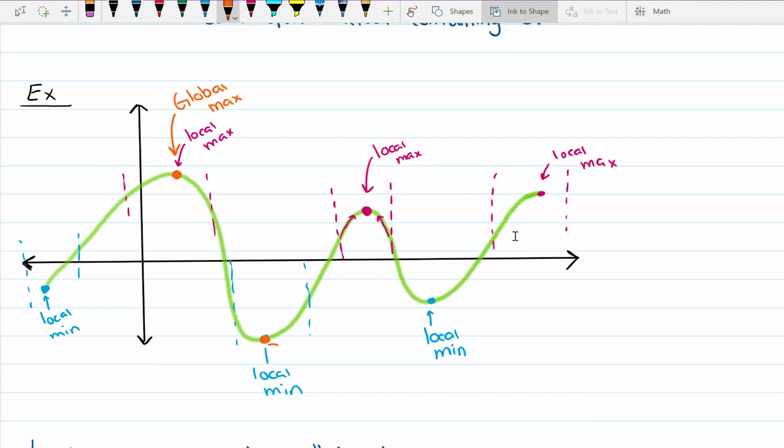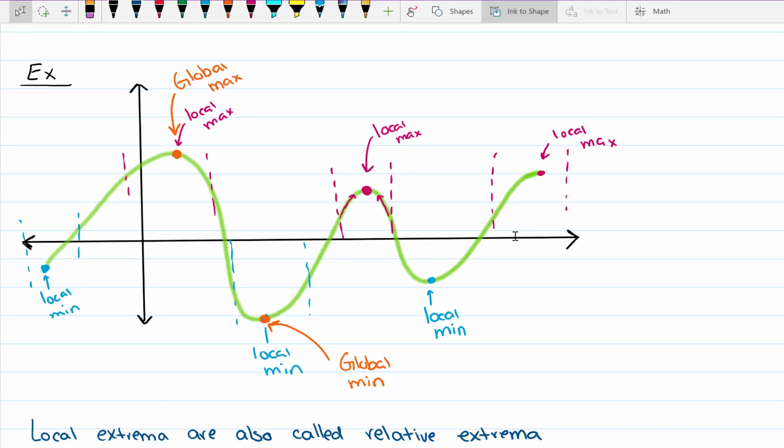This point right here is the global min, because it's the lowest point on the entire graph. So a point can be a global max or a global min, but it will only have one of those per graph.